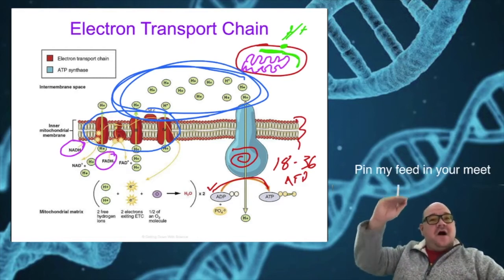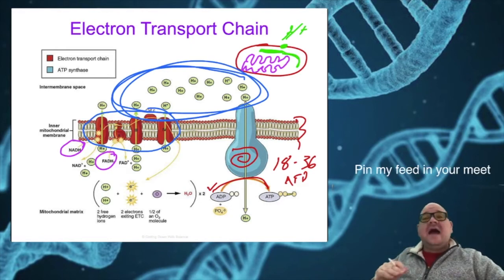Then it's going to fall back in, and when it falls back in, it spins this ATP synthase up, which is your big burst of ATP. So is it pumping out of it to go back in? Or is it pumping in out? If you look at this arrow right here, they're coming back in.